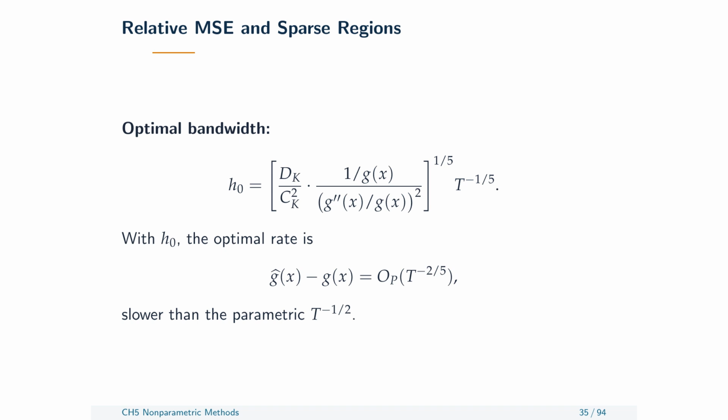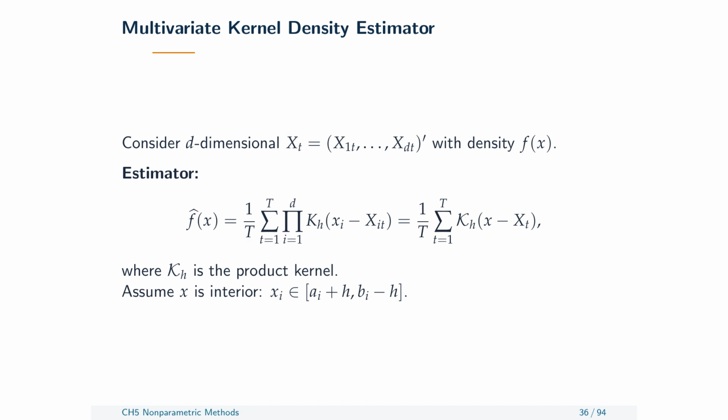Possible responses include transformation, reflection, boundary kernels, or local adjustment. The correct choice depends on the application. Merely trimming the plot hides the symptom without correcting the estimator. Always align the statistical method with the known support of the economic variable.